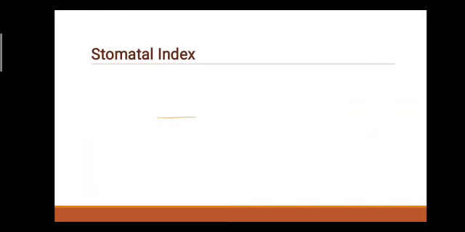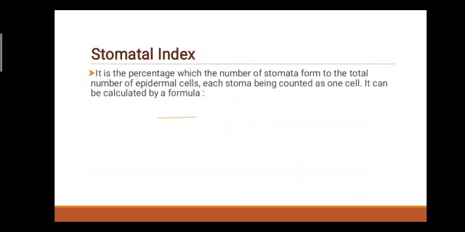Second, stomatal index. It is the percentage which the number of stomata forms to the total number of epidermal cells, each stoma being counted as one cell. It can be calculated by a formula.